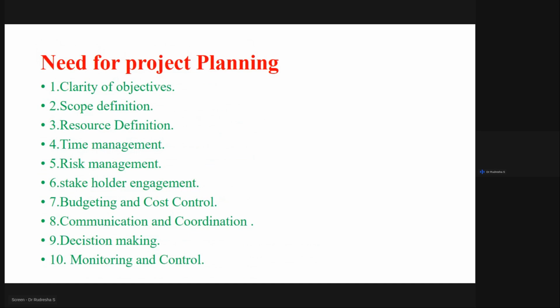Need for project planning. What are the needs in project planning? First, clarity of objectives. Second, scope definition. Third, resource definition and resource allocation. Fourth, time management. Fifth, risk management. Sixth, stakeholder engagement.